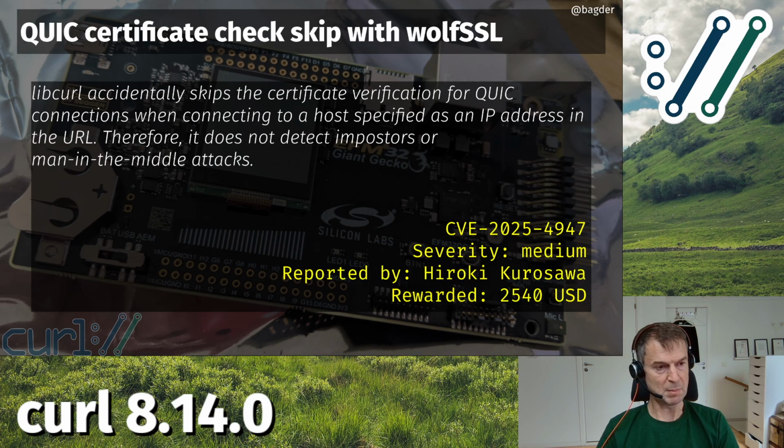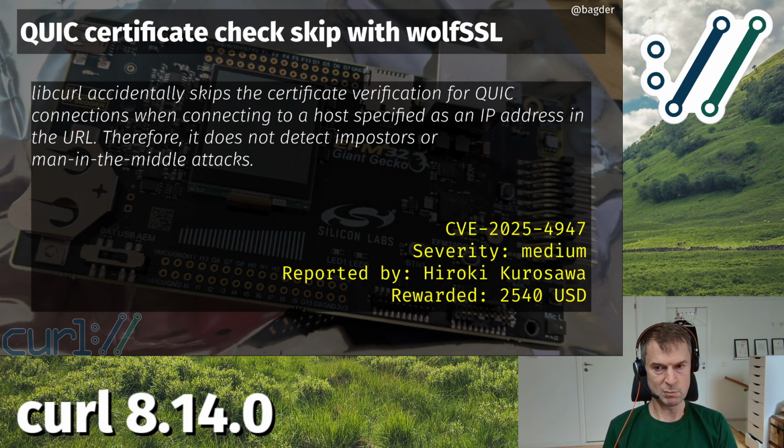Quick, as you might remember, is the alternative to TLS and TCP, and it's used for HTTP3 connections only in curl right now. So it is only for HTTP3 and only for curl using wolfSSL, and only when connecting to a host name specified as an IP address and not using a host name.